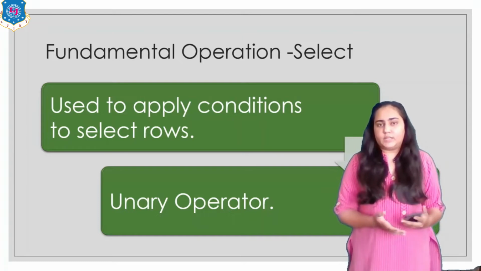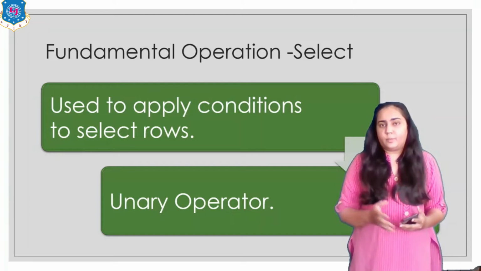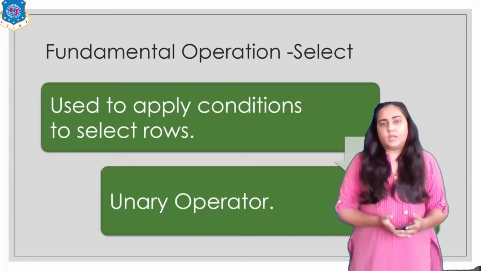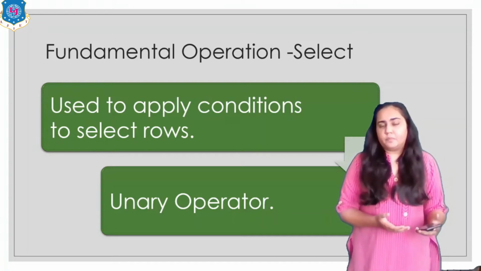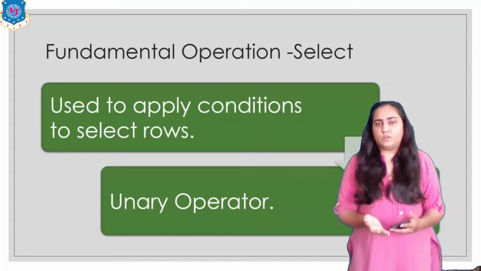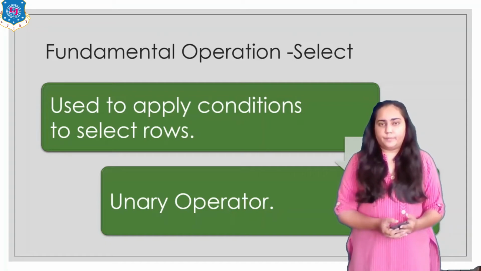Only then can the operation take place. So select is a unary operator. A binary operator is one that requires 2 operands. Since we are concerned with relational algebra and working with tables, not numbers, when I say unary operator, it requires one table to work with.